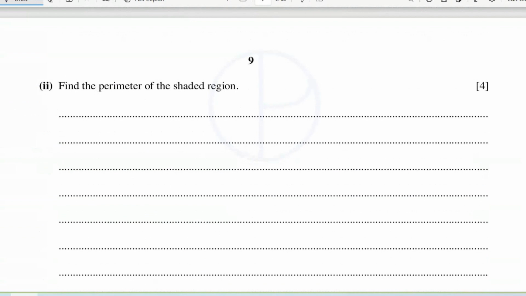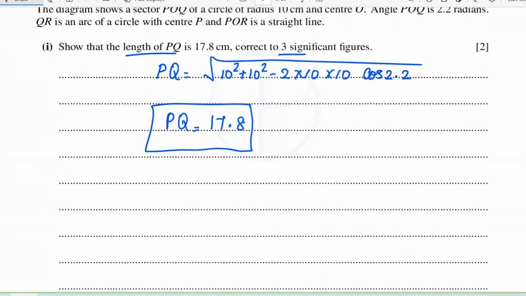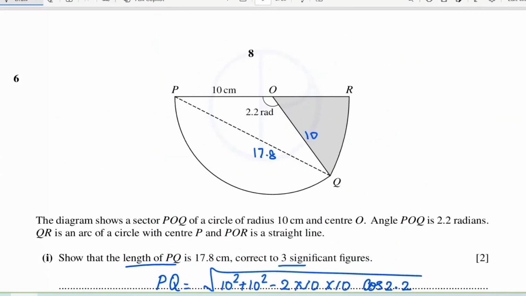Next part of the question is find the perimeter of the shaded region. To find the perimeter of the shaded region, we need to add OQ plus the arc length QR plus RO. And in this diagram, PQ is 17.8.